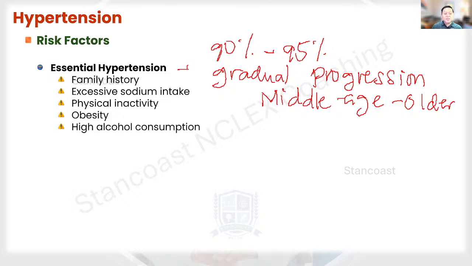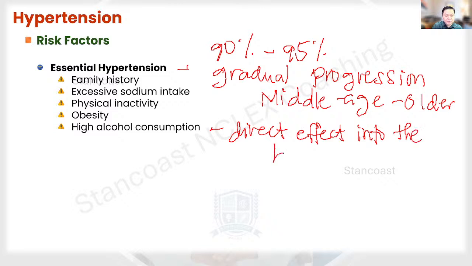Now, please take note, guys, that high alcohol consumption can also contribute to essential hypertension because alcohol itself has a direct effect on the smooth muscle cells in the blood vessels.